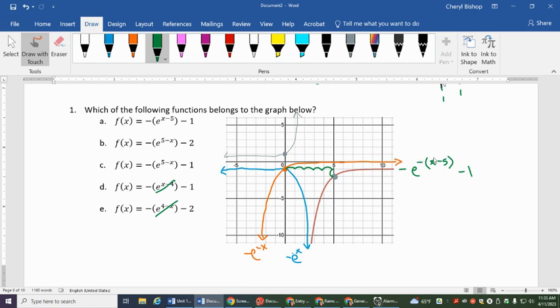So I'm going to distribute that negative in and say it's negative e to the negative x plus 5 minus 1. Do I have any negative x plus 5s? I do not. I'm going to rewrite this so it's negative e to the 5 minus x, minus 1. Do I have that option? 5 minus x minus 1, C.